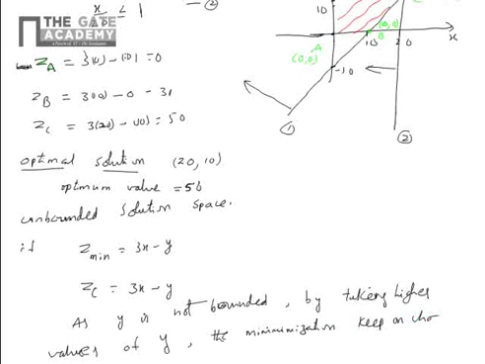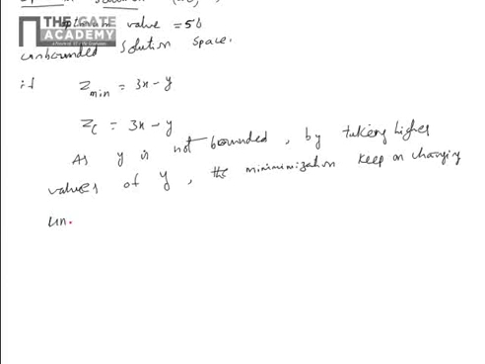As you change the y value it will change, so there is no finite value. So that's why it is called an unbounded solution.